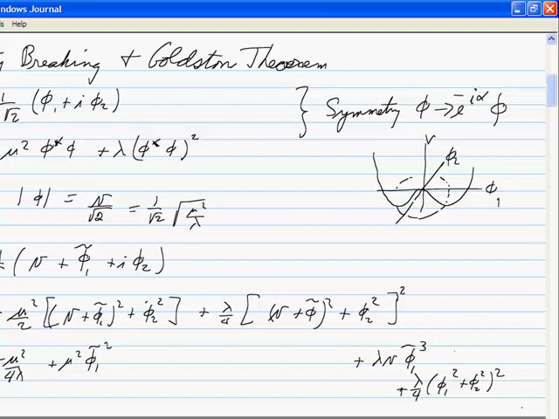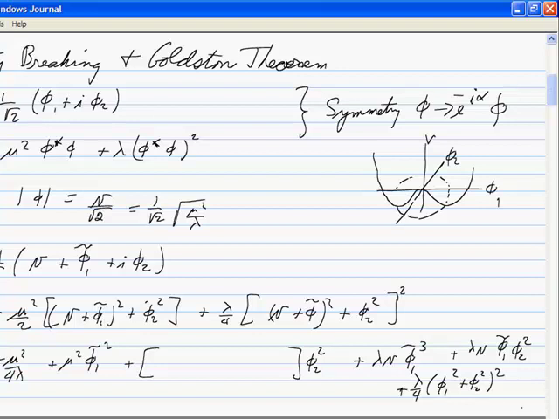There's one other piece here which I'll write down. It's not very interesting. It's lambda v phi 1 twiddle phi 2 squared. So there's yet another new Feynman rule. But the interesting piece is the term that multiplies phi 2 squared.